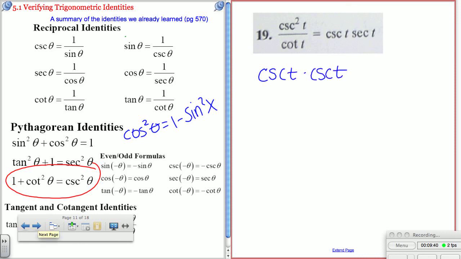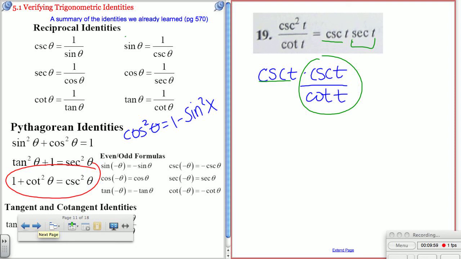And if I wanted, I could just put one of these over cotan t. Let's see where that gets us. Now right here, notice I have that first cosecant that I want. So somehow I need to turn this thing into secant. So let's see if we can do that. Let's just focus on that green circle for a minute.